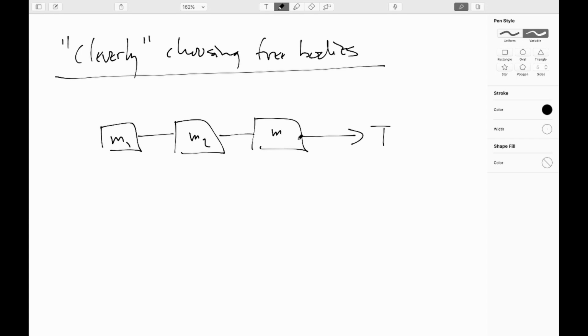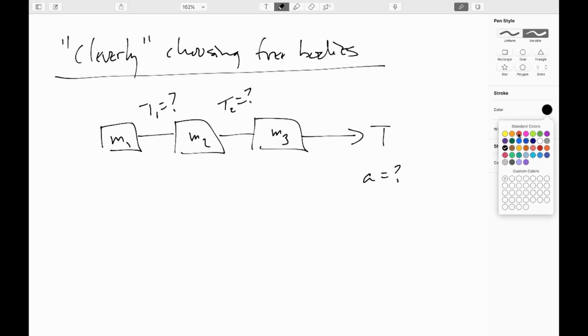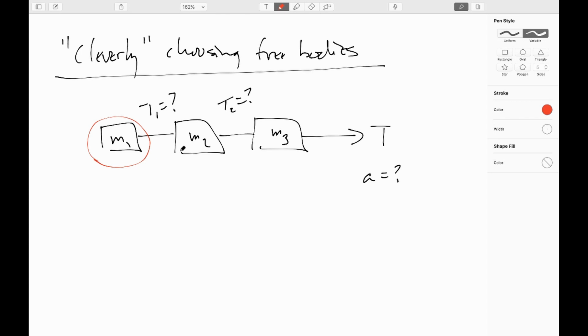Let's say you want to find what the acceleration is, and you want to find what the tensions are between the strings. The obvious choice would be to make this a free body, that a free body, that a free body. And that will absolutely work, but the math will be complicated.